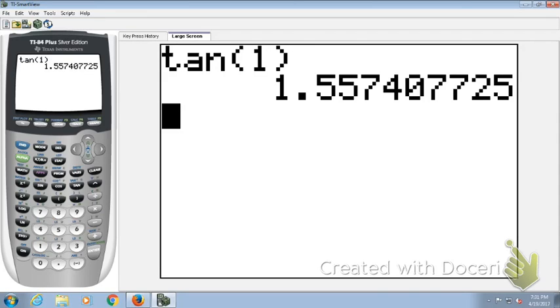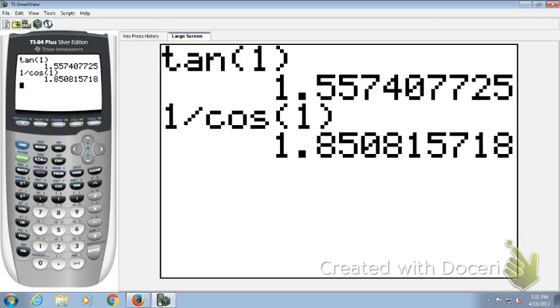Tangent of 1 is about 1.6, and secant of 1 would be 1 over cosine of 1, and that's about 1.8.